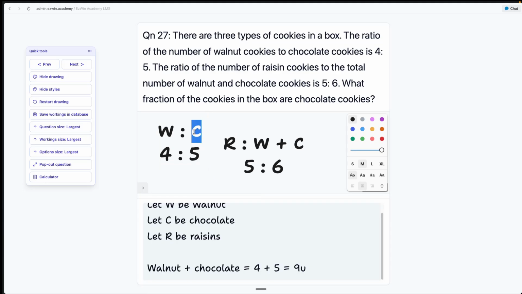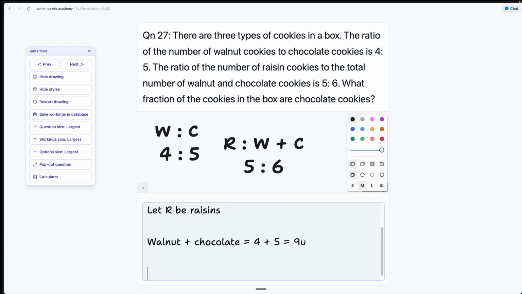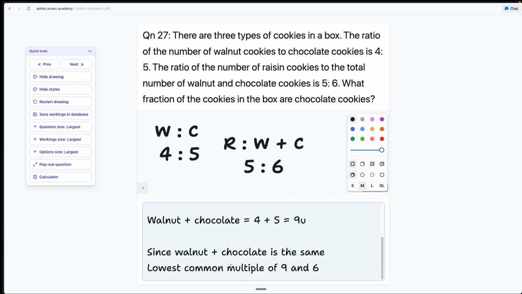So walnut and chocolate, the total is 9 units. So we just need to find the lowest common multiple of 9 and 6. Since walnut plus chocolate is the same, we just get the lowest common multiple of 9 and 6.